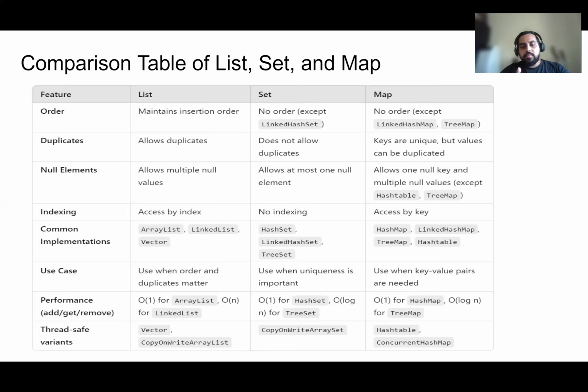For set, CopyOnWriteArraySet is a thread-safe class. And in map, we have the Hashtable legacy class and also ConcurrentHashMap. Those are thread safe.